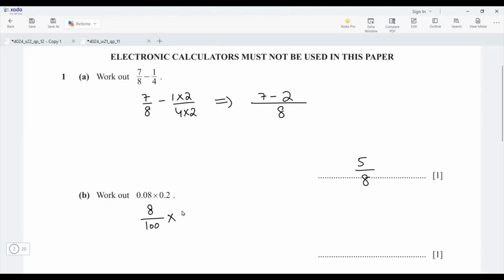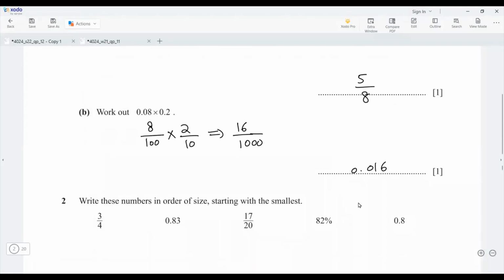So similarly, we multiply the numerators: 8 times 2 is 16, and 100 times 10 is 1000. So 16 divided by 1000 means we shift the decimal 3 digits towards the left. The 2 digits are 1 and 6, and we have to put another 0 before 1. So it will be 0.016. That will be the simplified answer.